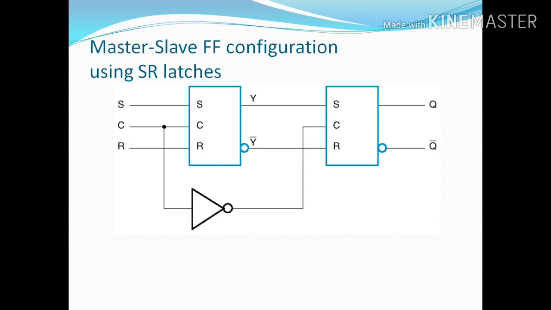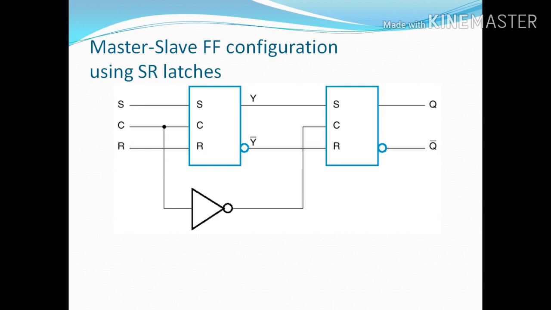Now our discussion topic is the master slave flip-flop. Master slave flip-flop is just similar, where it is an SR flip-flop, a clock enabled SR flip-flop. Two flip-flops will be there, but the clock pulse goes to the slave through a NOT gate.